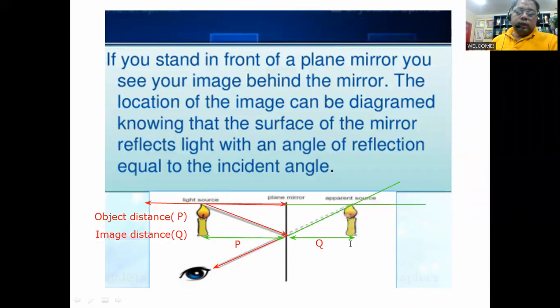Now, for a plane mirror, the values of P and Q, if in meters, should be the same. So that's the distinction of our plane mirror. So again, as a result of the intersection of the rays of light, we get the formation of our image.